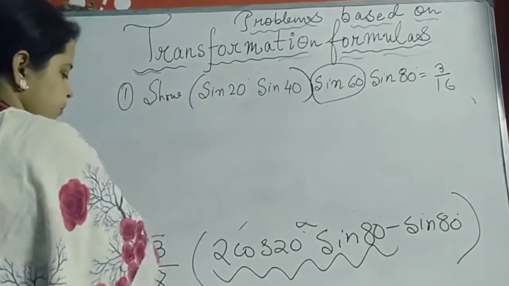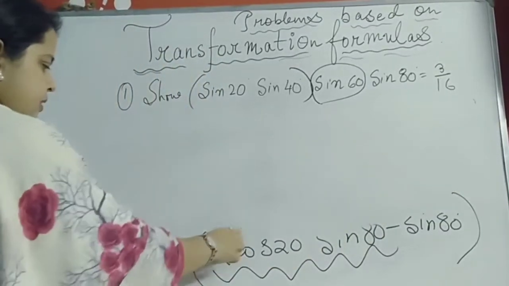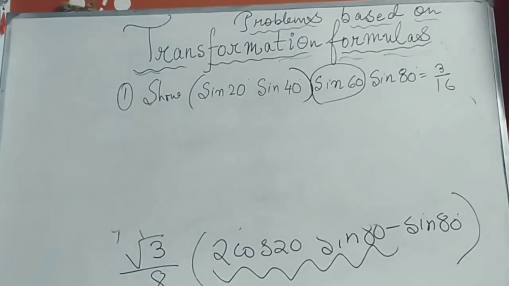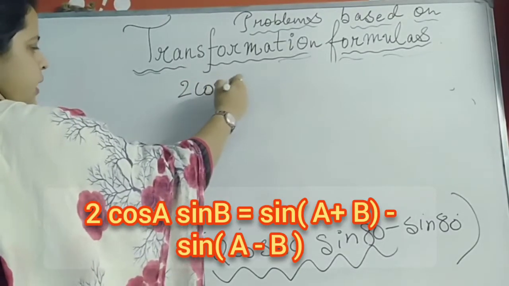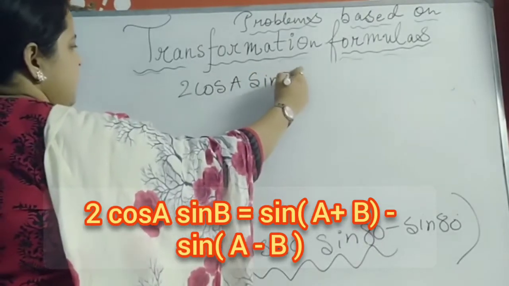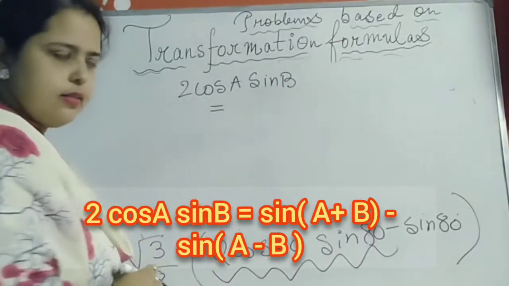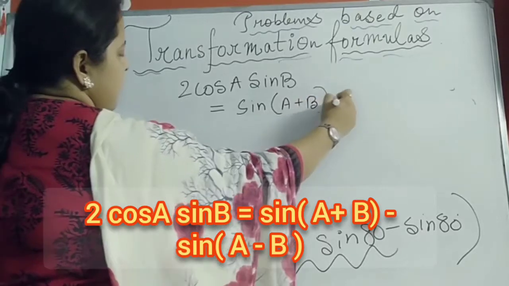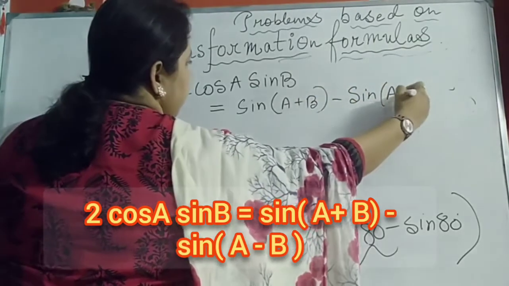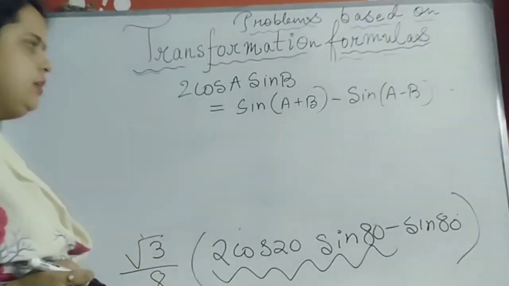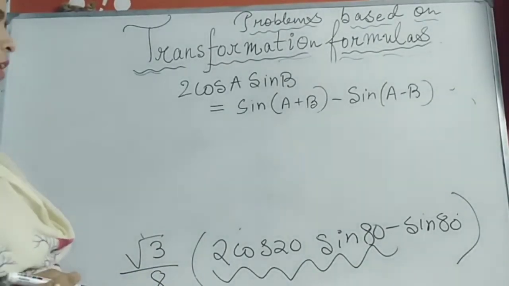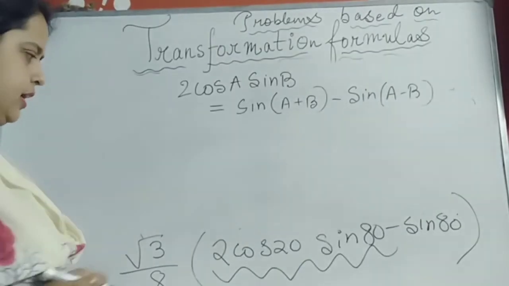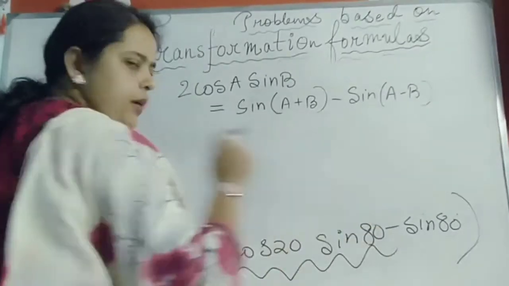Now this one, see this one, 2 cos 20 into sine 80. 2 cos A sine B can be written as sine of A plus B minus sine of A minus B. And I hope all of you can recall well, because we have already discussed these formulas in the previous classes. So here it is A and here it is B.